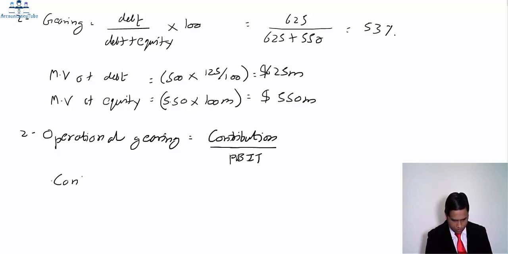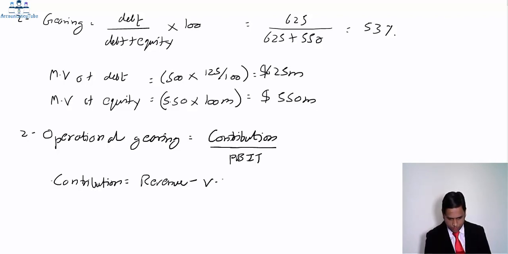Now, in order to take out the contribution, we all know the formula for contribution is revenue less variable cost. The revenue which is given in the statement is 10,123, and the cost, which the question has guided, is 70% of cost of sales. 70% multiplied by cost of sales of 7,222.